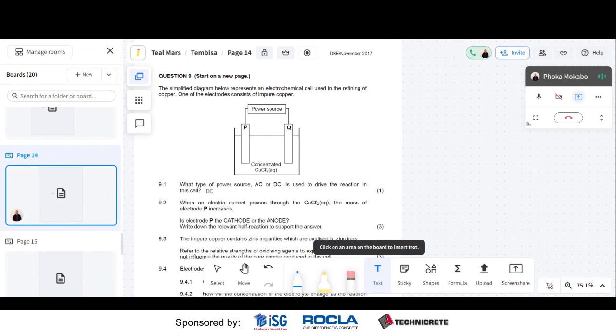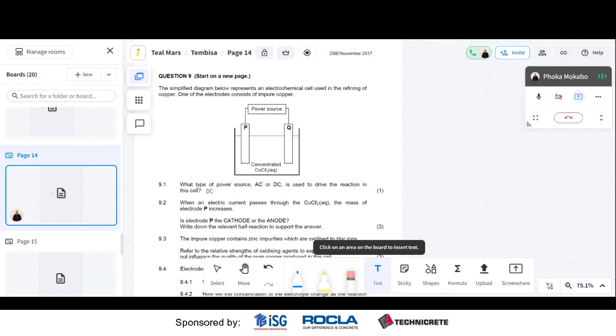Then, when an electric current passes through the copper chloride solution, the mass of the electrode will increase. Then they ask, is electrode P the cathode or the anode? Write down the relevant half reaction to support the answer.